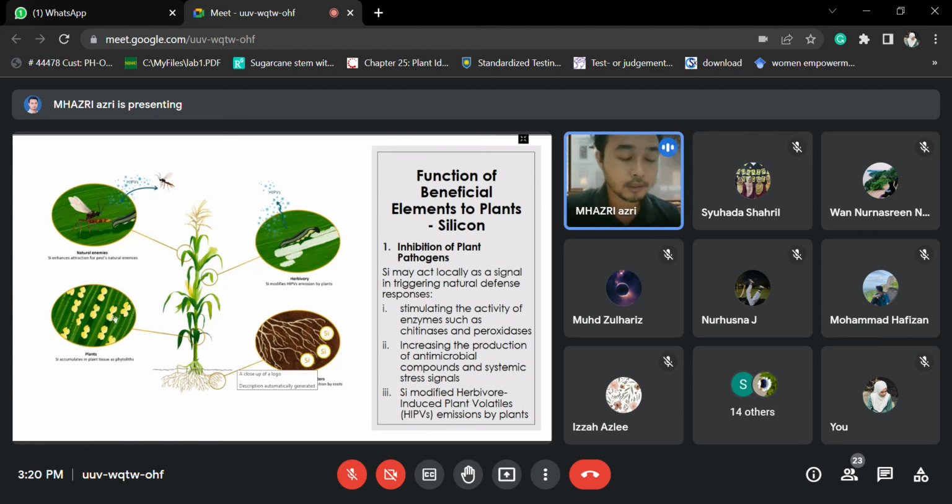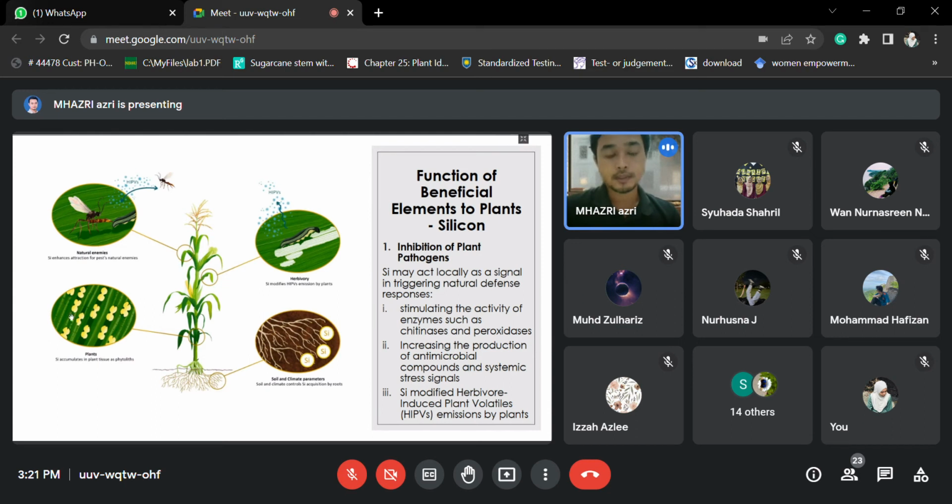Okay, so kalau kita observe melalui electron microscope, the silicon will be deposited as amorphous phytoliths. Okay, kita panggil dia ada macam enapan dekat sel tumbuhan ni dalam bentuk amorphous, tak ada bentuk yang sekata, tak ada bentuk-bentuk yang tertentu. Okay, so the deposit of silicon dekat plant tissues ni kita panggil phytolith.